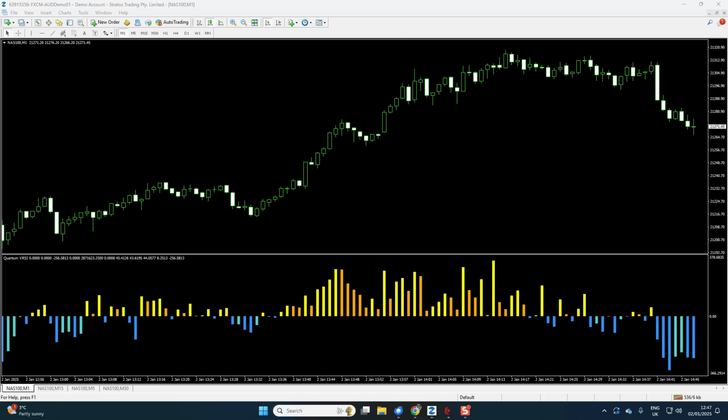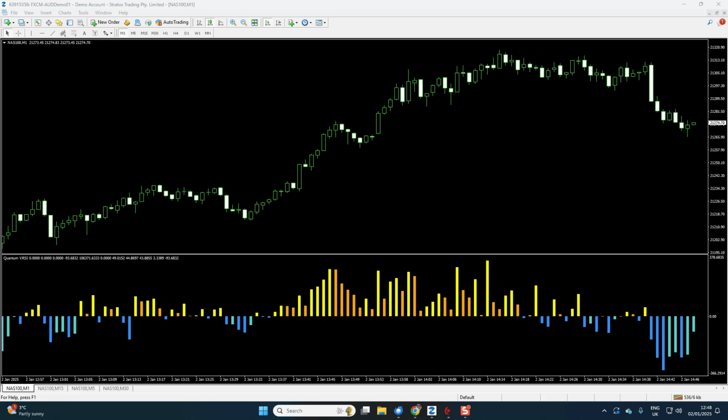If you've watched the introductory video, I explained the three principal elements of the indicator. It is a very intuitive indicator, but just to remind you, those three elements are, first of all, the fulcrum in the center, in other words, the midpoint level, whether we are in bullish or bearish territory.